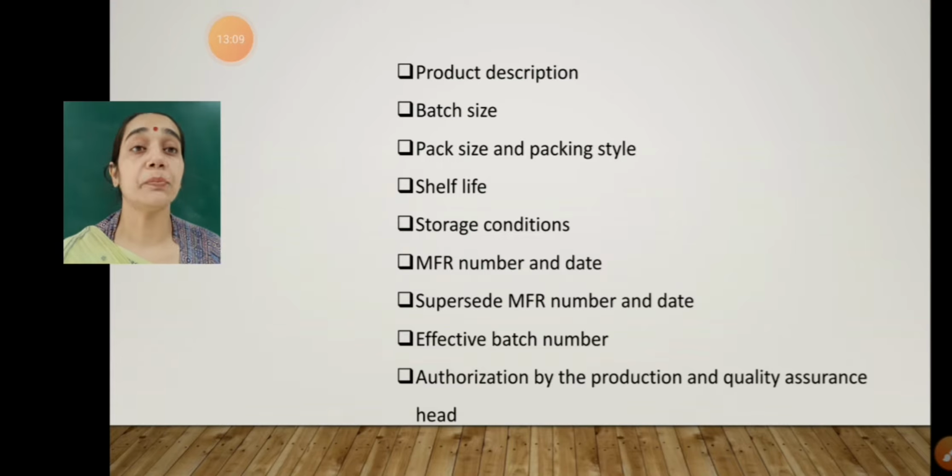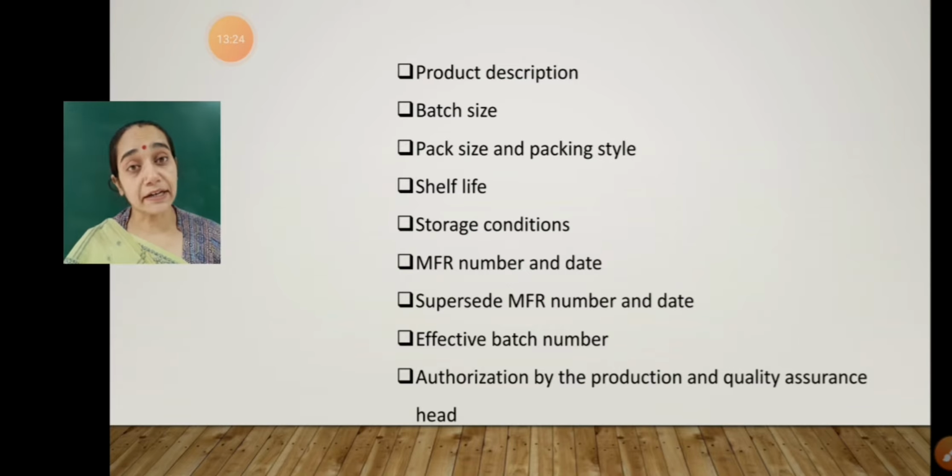Another component is the batch size, meaning what the batch size will be, and what kind of batch this master formula is for. It is not simply justified as small batch or bigger batch.